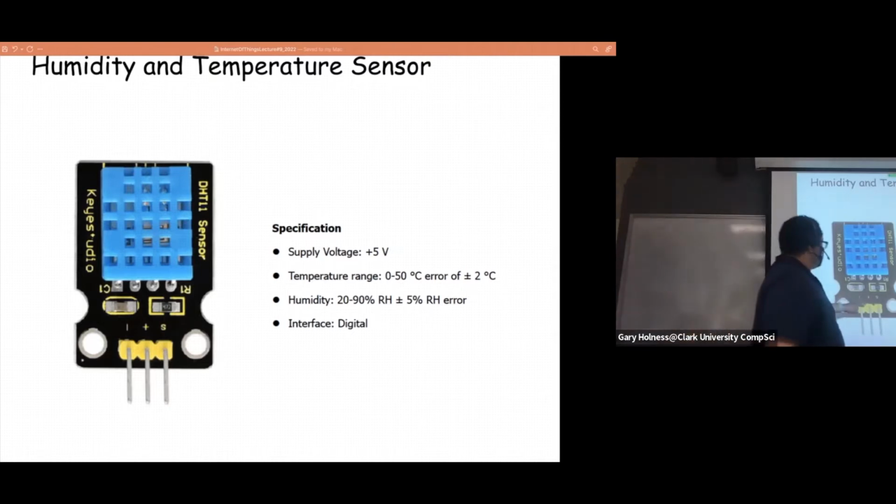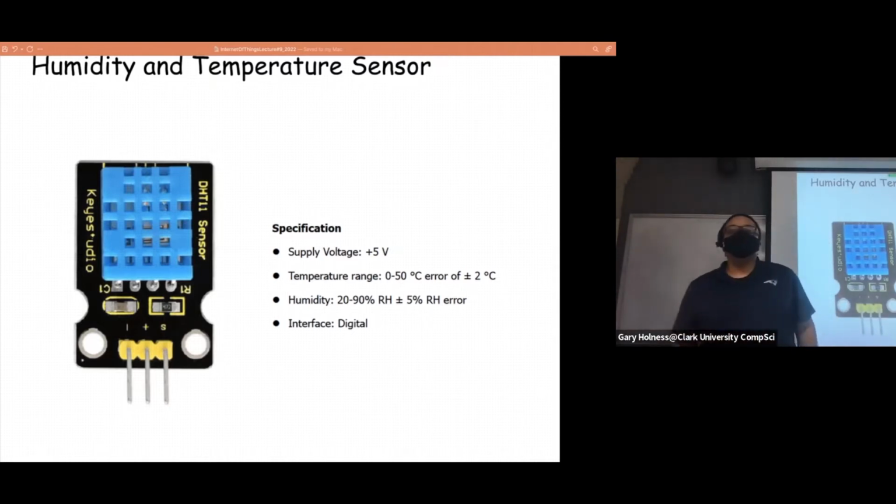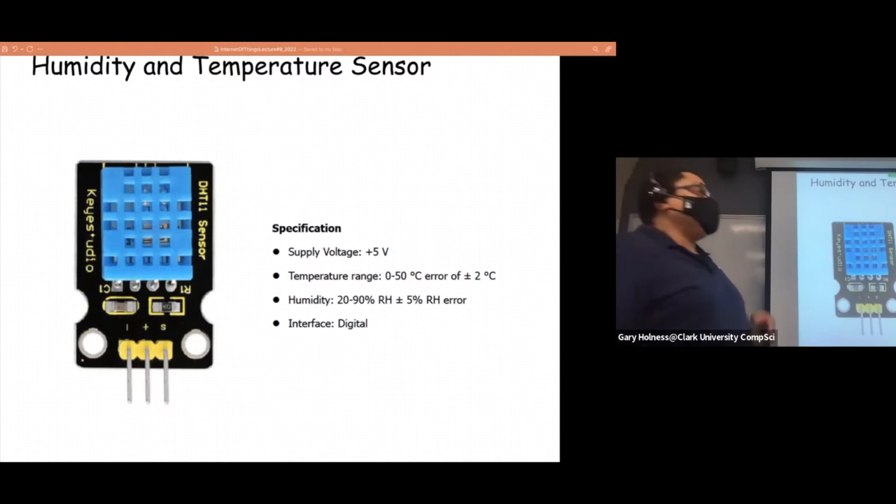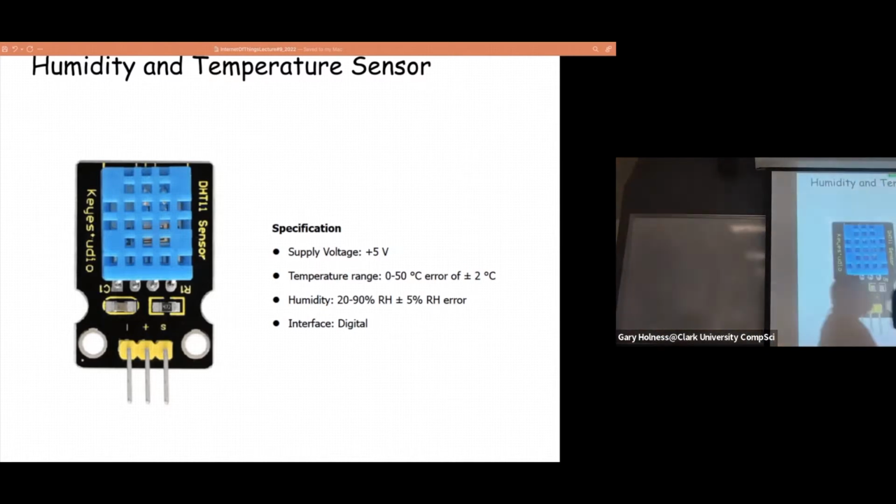And we have a single signal line, and that's what's connected to a digital I/O line. Now, it might seem kind of wonky because you're going to read out something that's a real value, but it's read in using digital, right? If you look up the device specification from the manufacturer, not Key Studio, they just buy it off the street, the manufacturer can tell you more about how it works underneath the covers.